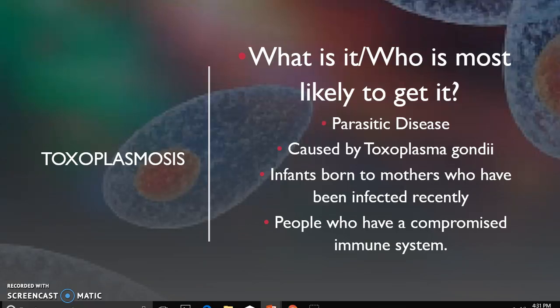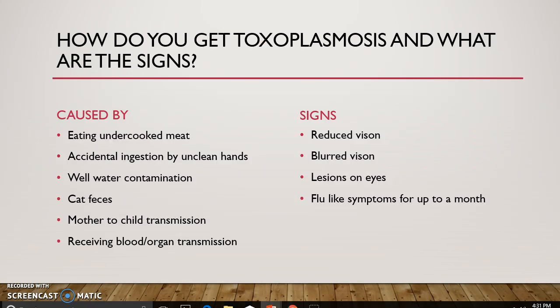And then later on, your immune system may become weakened and then it may activate itself, and so then you would be treated for it. So you can have it, and then your immune system can become weakened, and then you can start being symptomatic.